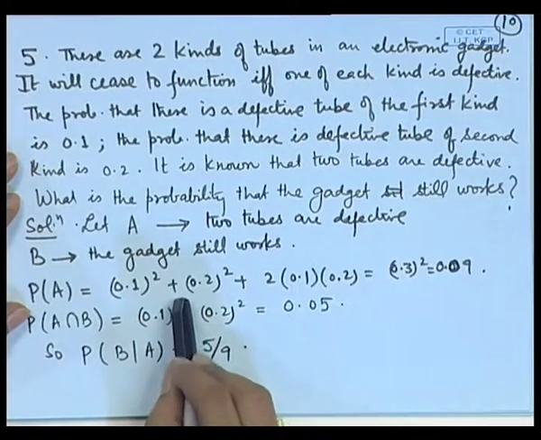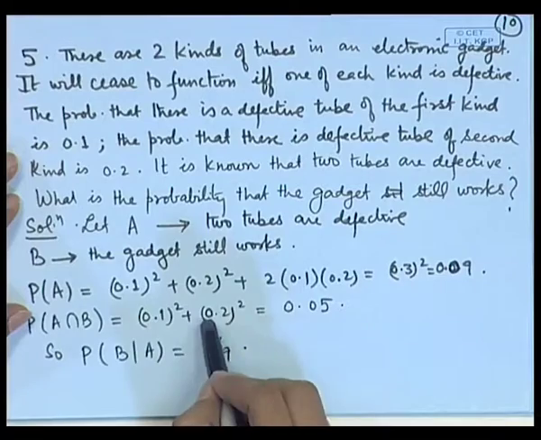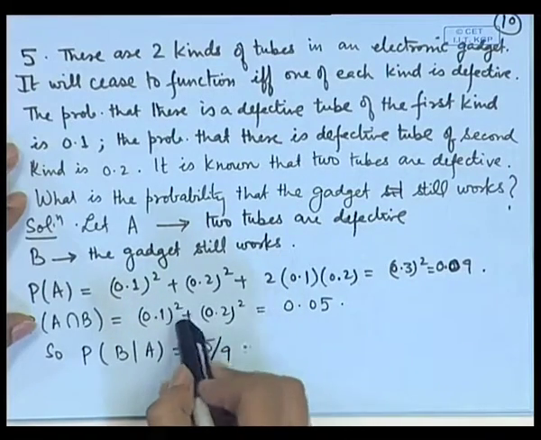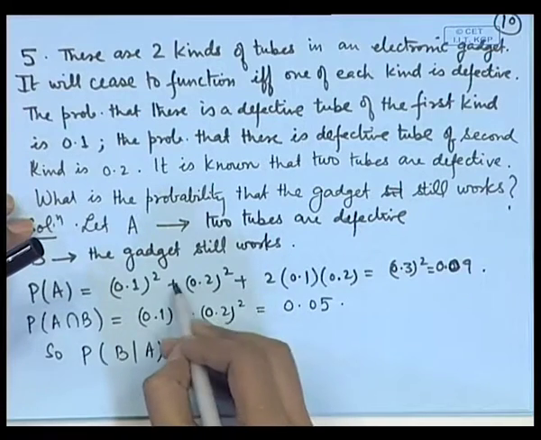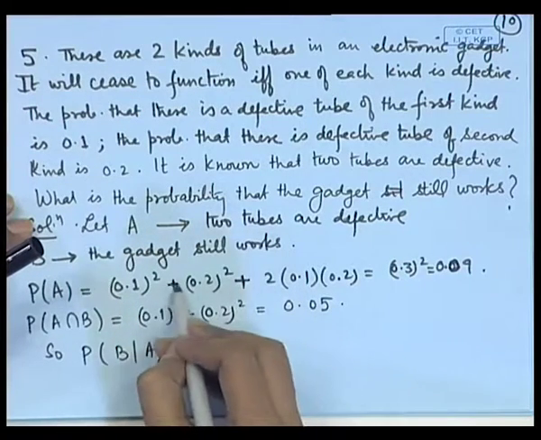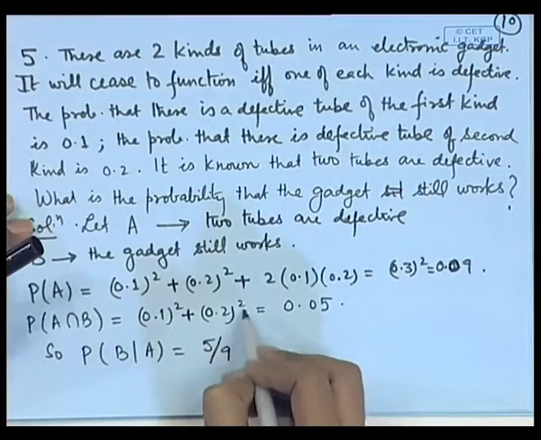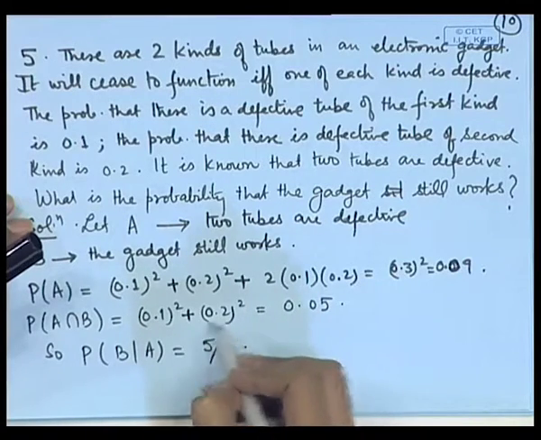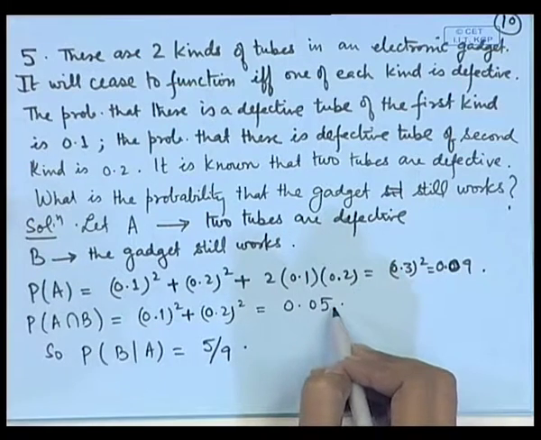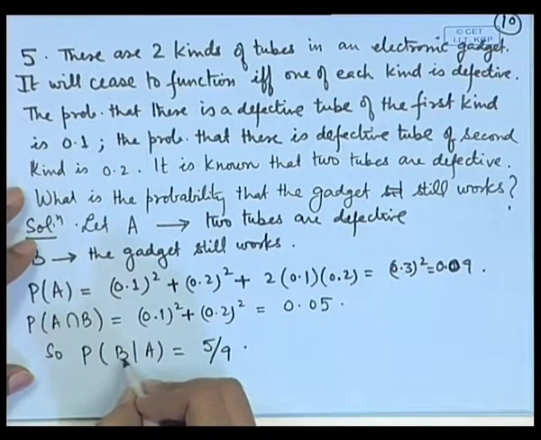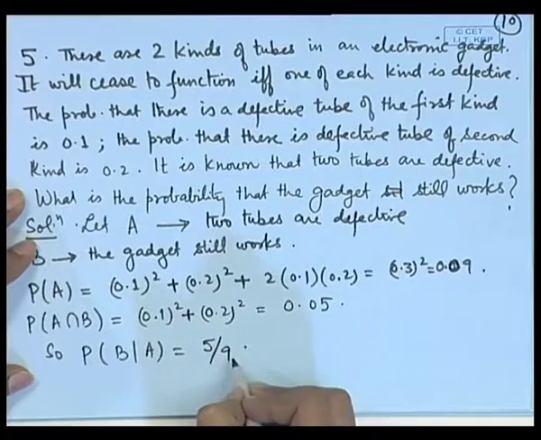Therefore, both defects are either of the first kind or both are of the second kind. So, here we have made use of the fact that the probability of a union is equal to the sum of the probabilities of disjoint events, and we have made use of the concept of independence. If we add this, after simplification, this turns out to be 0.05, and therefore, the conditional probability of B given A is equal to 5 by 9.